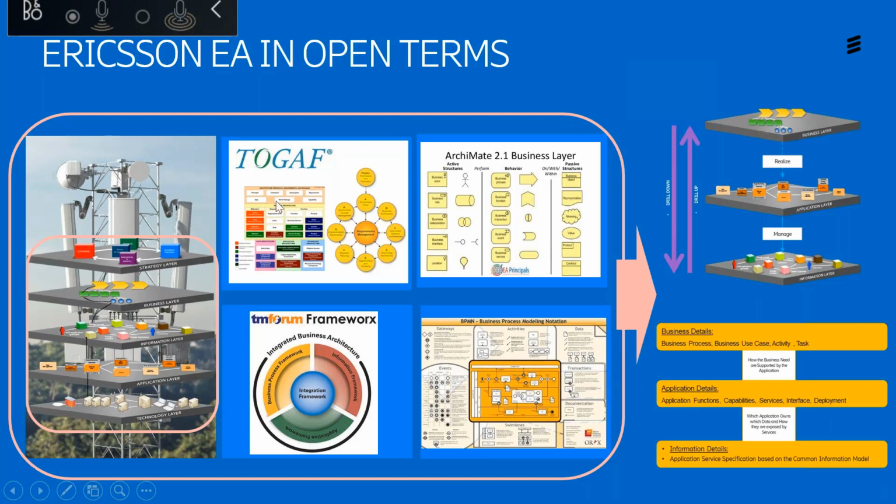Based on these inputs, we have defined three different layers: the business layer, application layer, and information layer. And all these details we produce as content which can be reused between multiple stakeholders, as I was saying.